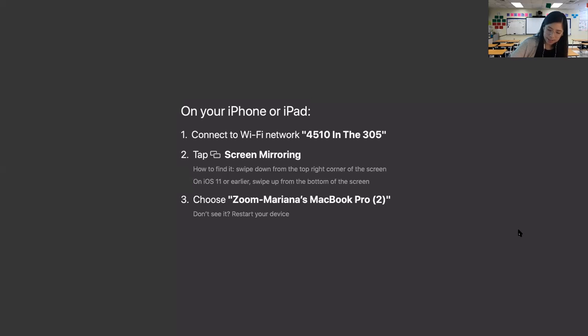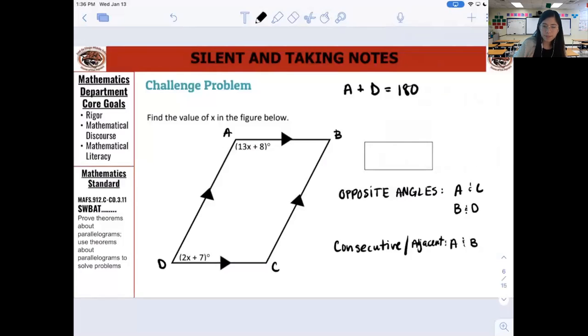It has disconnected. Of course it has. Okay, there we go. We know that A plus D will equal 180, so I can just plug everything in. So 2x plus 7 plus 13x plus 8 equals 180. Okay, I'm just plugging everything in. So now I have to combine like terms. 2 plus 13 is 15, so I have 15x. 7 plus 8 is also 15.